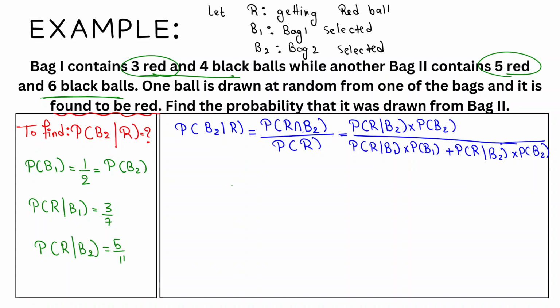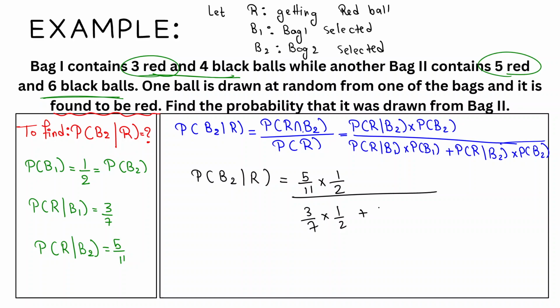I write all of this into the formula, probability of B2 given R. Probability of getting red given it is B2 is 5 by 11 into half for probability of bag 2, divided by probability of red given B1, which is 3 by 7 into half, plus probability of R given B2, which is 5 by 11 into half.